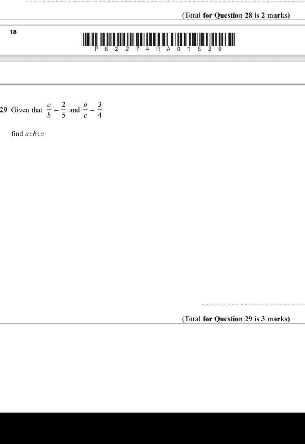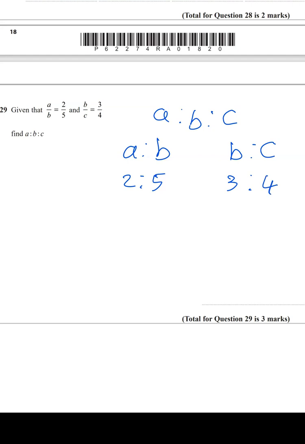So we want to find A to B to C. So we know that we would have A to B is 2 to 5, B to C is 3 to 4.